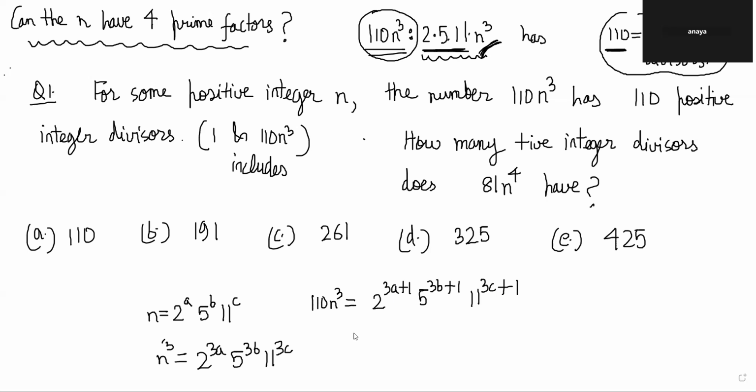Then the total number of factors would be 2 times (3a plus 2) times (3b plus 2) times (3c plus 2), and that should equal 110.